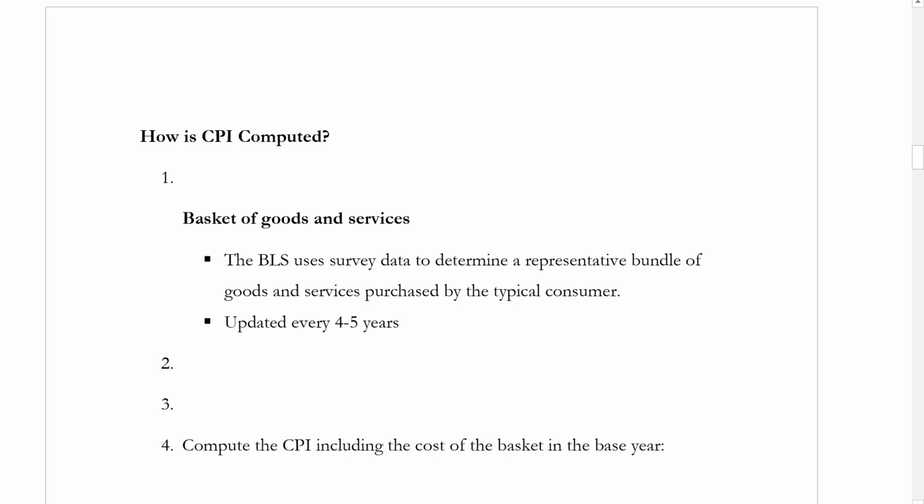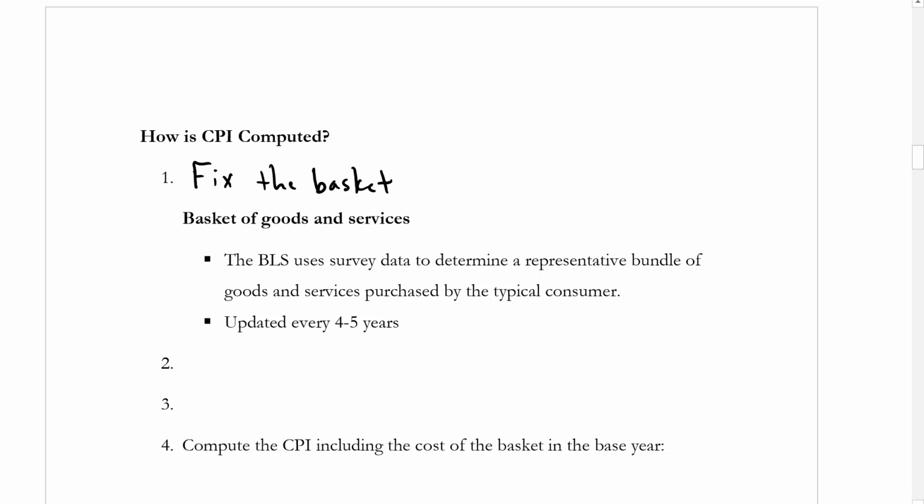So first of all, remember, this is a basket of goods and services purchased by the average consumer. So the first thing we need to do is fix the basket. If you want to think about this on a very individual level, think about when you go into the grocery store, you could pick up one of those little shopping baskets and you fix the basket.